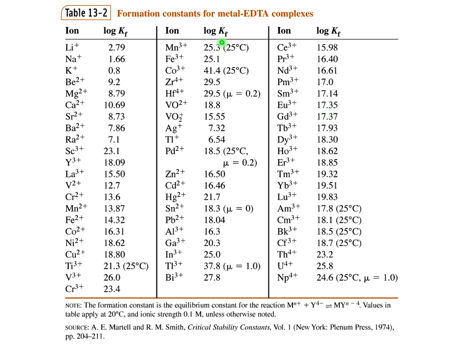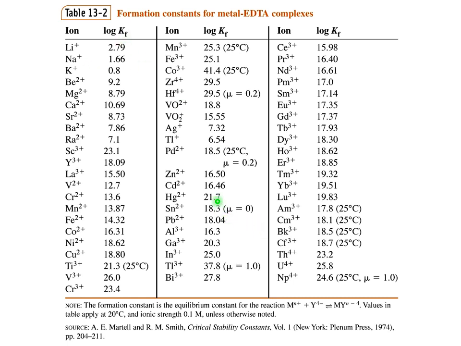Now, formation constants or stability constants of metal EDTA complexes are all very large. We're talking about 10 to the power 20 or higher. The only small values are for alkali metals, lithium, sodium, and potassium, and of course rubidium and cesium are even lower.